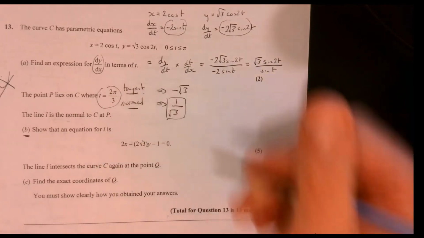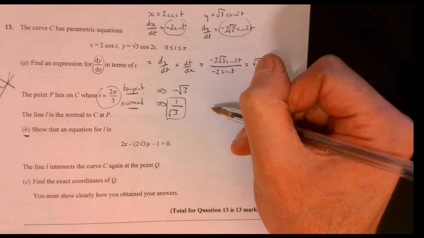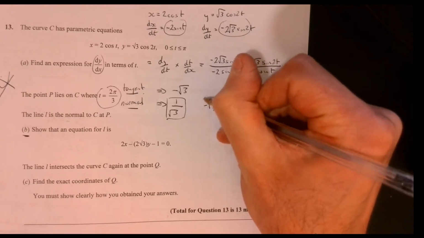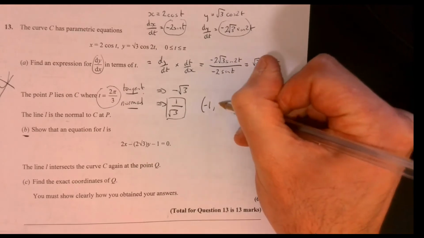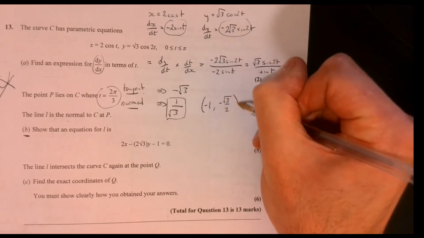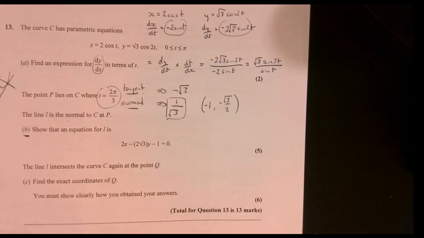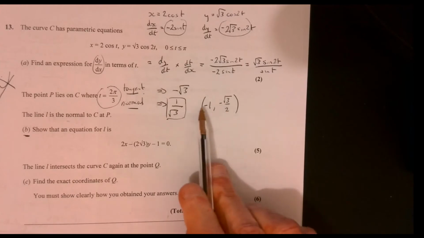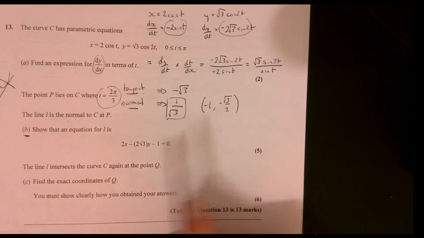And what that will give me is a coordinate of minus 1, minus root 3 over 2. So I've got the gradient and I've got a coordinate. So now let's just piece it all together.